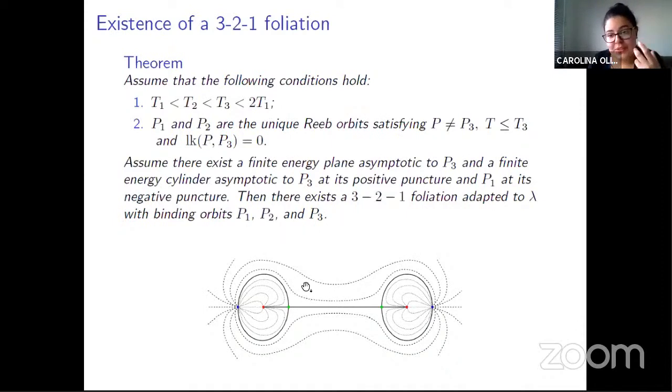And now you have to assume more things. Like you have to assume that you have one of these disks and one of these cylinders coming from pseudo-holomorphic curves. Then again, using a lot of techniques from the theory of pseudo-holomorphic curves in symplectizations, we can show that we have the complete foliation after this.